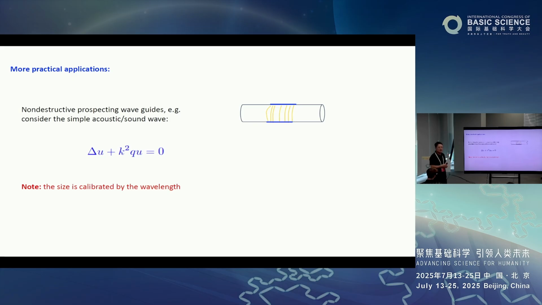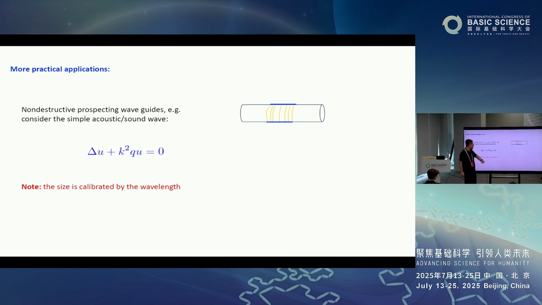maybe most theoretical applications, we can also have more practical applications. Let's say we have a gas pipeline. We can do this measurement on the boundary, on the surface of this pipeline, and locally here we can recover everything inside this pipeline. But the pipeline is not necessarily small. Why?